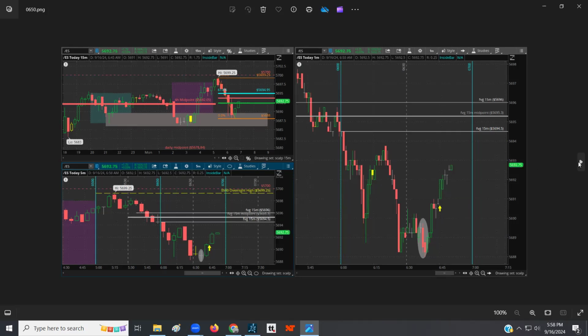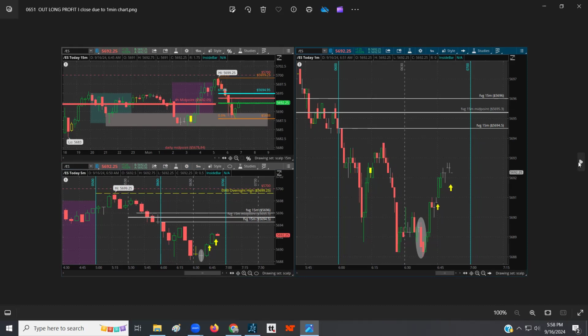0650. 5 minute candle, 1 minute candle. Trend is still up on the 15 minute. 0651. 5 minutes turning red. I closed my trade right here on the 1 minute. Yep, I didn't get out at the high, but I got out above my opening position.